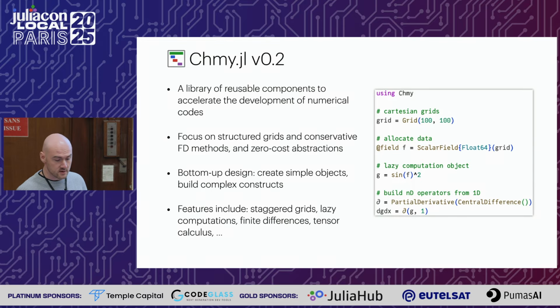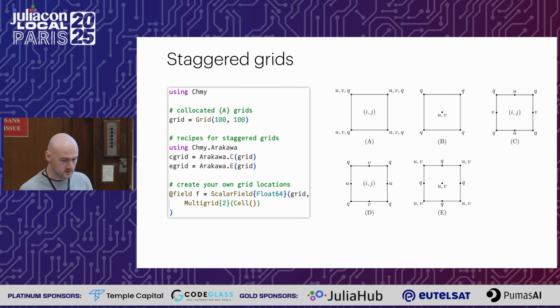So we support staggered grids, lazy computations, which is a new thing in Chmy version 0.2, finite differences, and also tensor calculus computations. Staggered grids are something that we were missing from other tools in Julia.